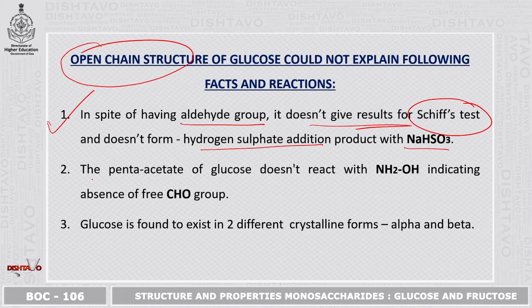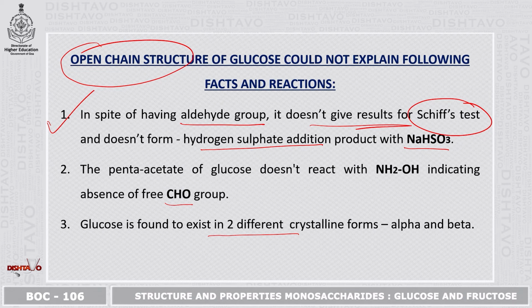Then we have the pentaacetate of glucose doesn't react with NH2OH, indicating the absence of a free CHO group. And the third one, glucose is found to exist in two different crystalline forms, alpha and beta. So these are the three things which cannot be explained with the chain structure of the glucose.